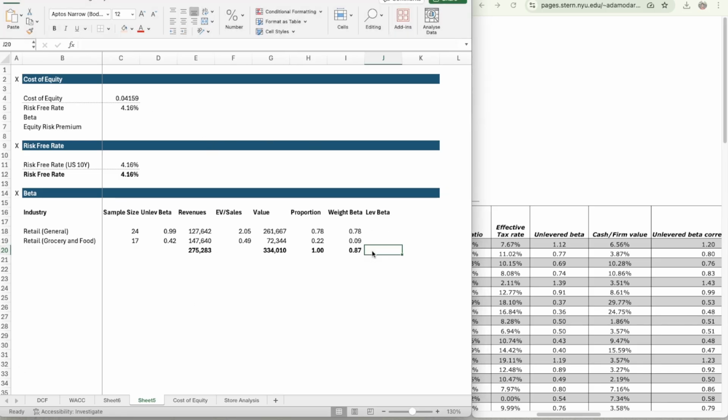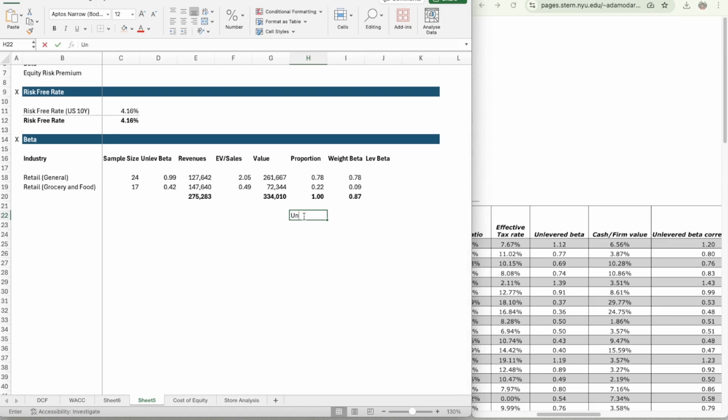Now, we have the unlevered beta, and what we need to do is calculate what the levered beta is. And the formula for that is: unlevered beta equals the levered beta divided by 1 plus (1 minus the tax rate) multiplied by the debt divided by the equity.